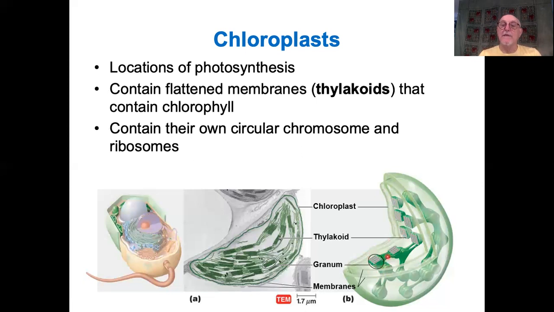This area in between here is called the intergranum. So when we look at an electron micrograph of a chloroplast, this is what we see. We've cut across now. And what you see here is the granum, comprised of individual thylakoids piled on top of one another. Then these looser intergrana here.